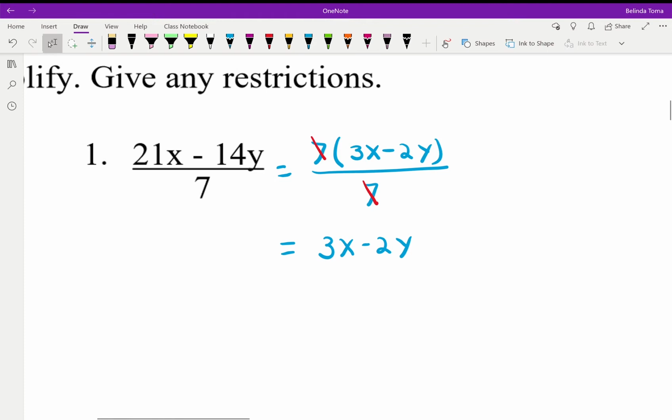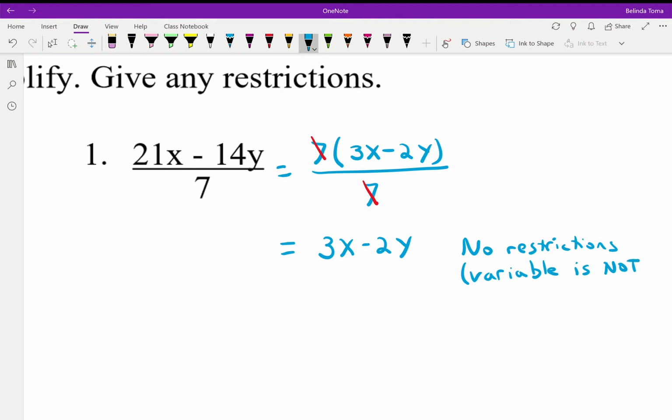In this example, there are no restrictions because there's no variable in the denominator. So again, what we're going to be looking for is a variable in the denominator. And in this case, we did not have it.